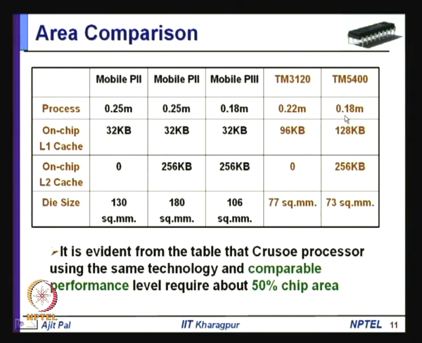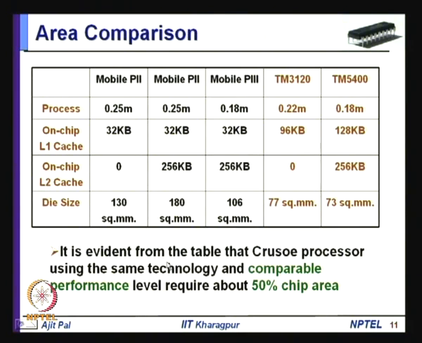TM5400 implemented by using 0.18 micron technology has got 128 kilobyte on chip L1 cache and 256 kilobyte on chip L2 cache. And in spite of using larger cache memory in Transmeta processor, you can see the die size is much smaller. So, for the first generation processor it is 77 square millimeter. On the other hand, for the second generation Transmeta processor, the die size is only 73 square millimeter.